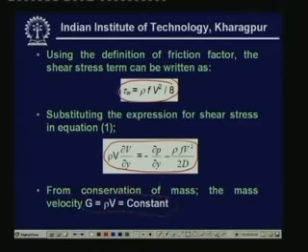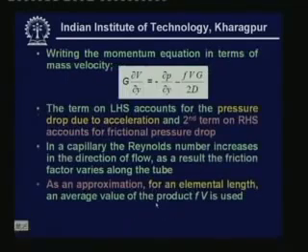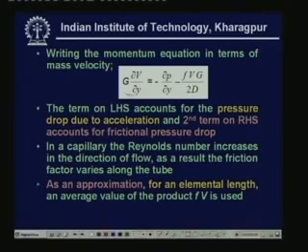So what we do is we replace v by G, that means we write this equation in terms of mass velocity G, because this is constant. Writing the momentum equation in terms of mass velocity, we get this equation. You can see that the term on the left hand side accounts for the pressure drop due to acceleration.